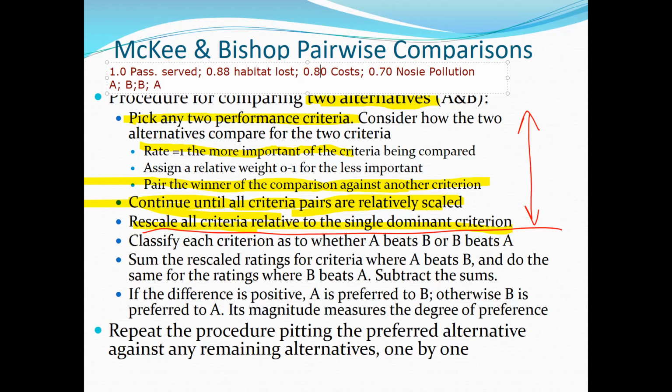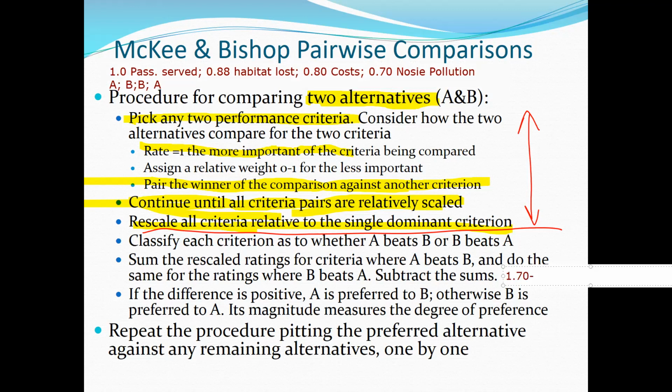Then we sum the rescaled ratings for criteria where A beats B. Where A beats B, the sum is 1.70.